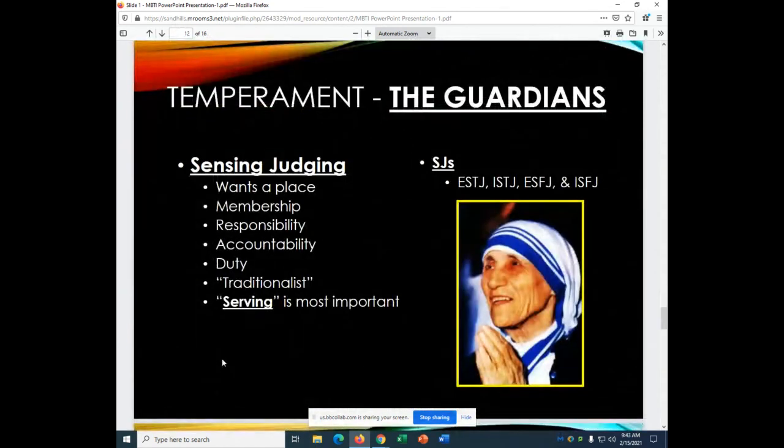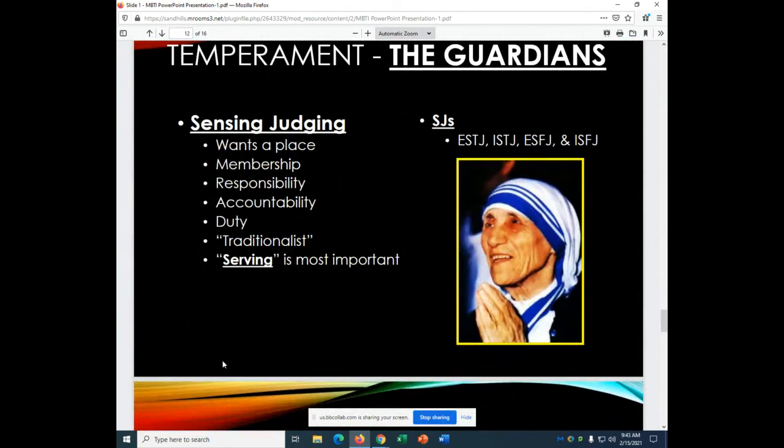Then we have the guardians. Now, any of you who are going into the service industries, such as early childhood development, nursing, or physical therapy, you will probably be in this category because you are S and J's.